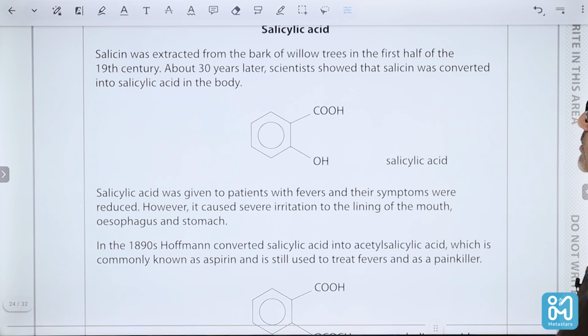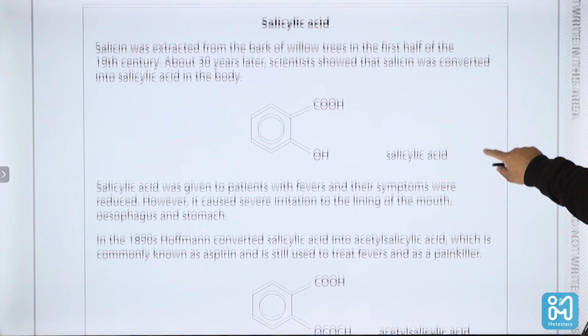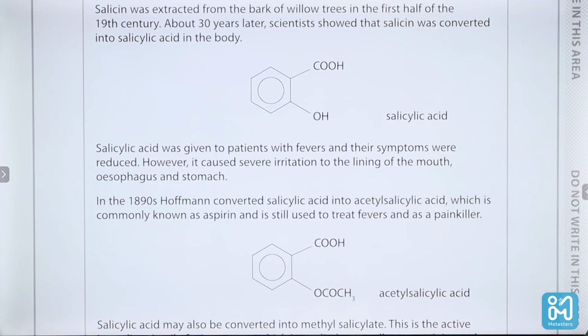About 30 years later, scientists showed that salicin was converted into salicylic acid in the body, and this is the structure of salicylic acid. Salicylic acid was given to patients with fevers and their symptoms were reduced.